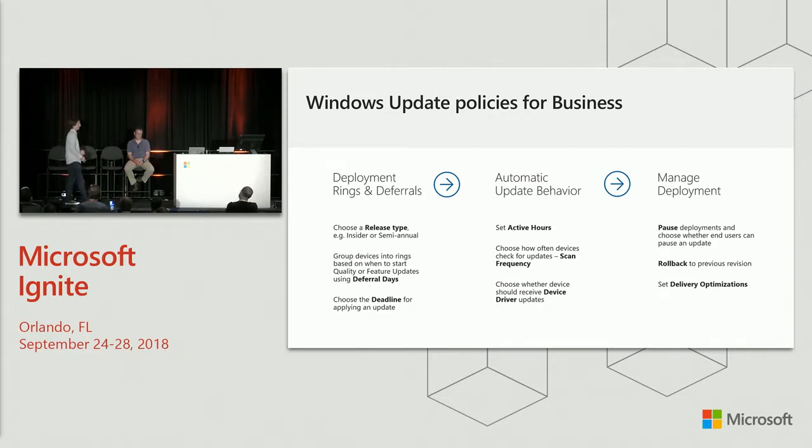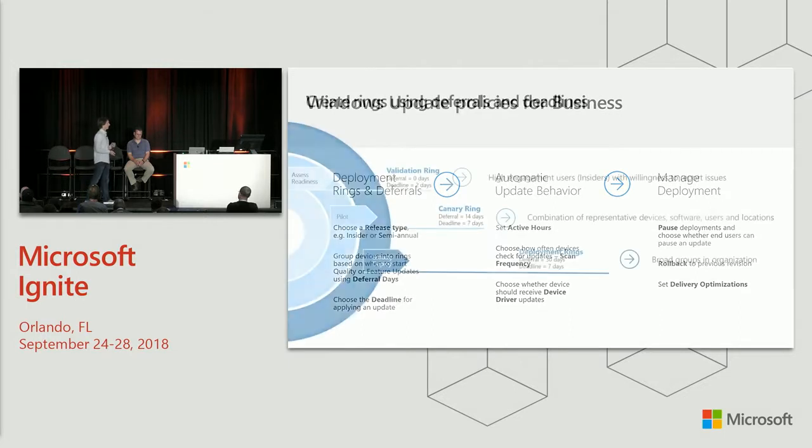You can do this from any of these tools. And last, you can configure some delivery optimizations for all these devices that are checking for updates over your WAN, setting up some caching and some peer-to-peer within your network in order to optimize your WAN links.